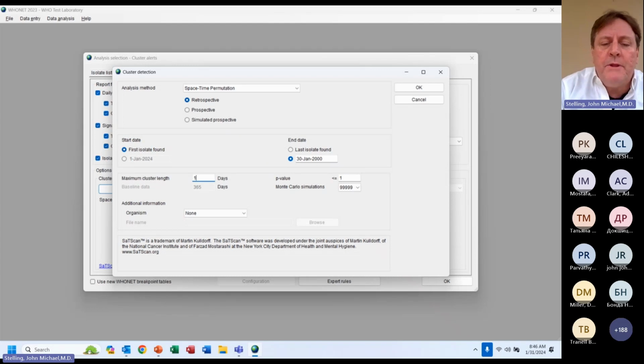So we decided to open this window up to 180 days. So that's what we are currently using. So SaTScan is using a 180-day maximum cluster length to find potential outbreaks of 1 day or 30 days or 60 days up to that.